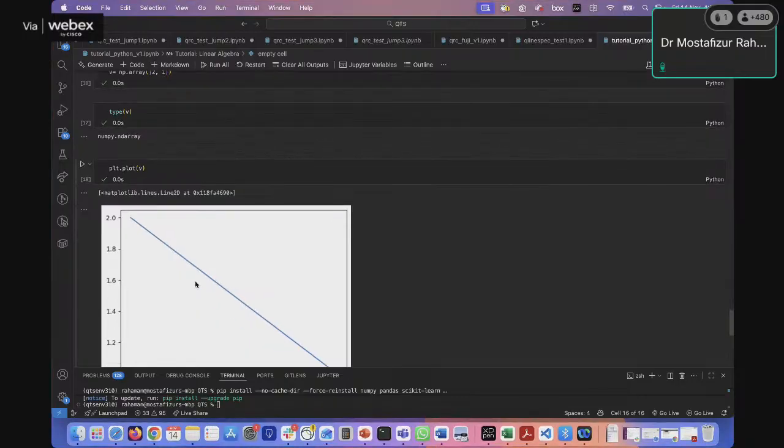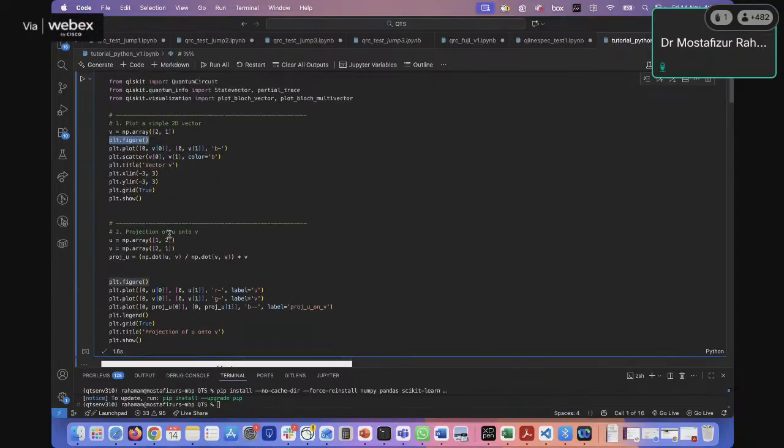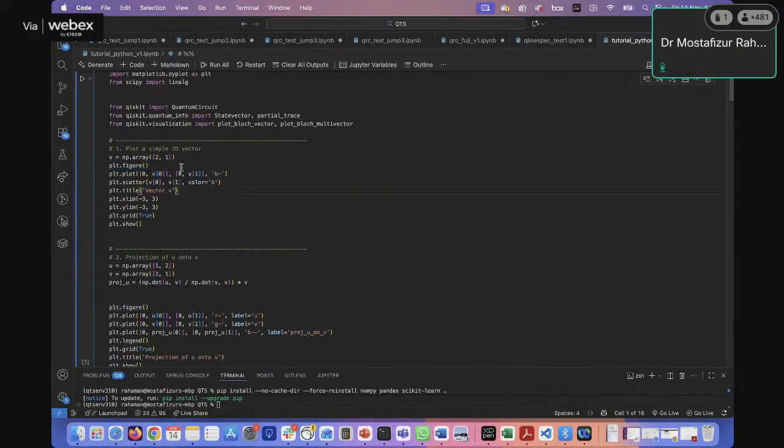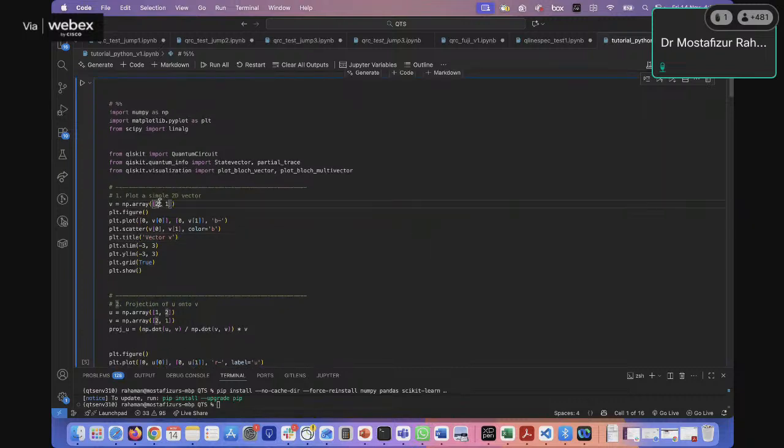Let me show you all the plots and discuss slowly. This way, you define a vector v, and we create a figure, plt dot figure, and we plot both ways, direct plotting and scatter plotting. So we'll do two things. One is directly plotting this 2D vector, where 2 comma 1 means 2 units on the x-axis and 1 unit on the y-axis.